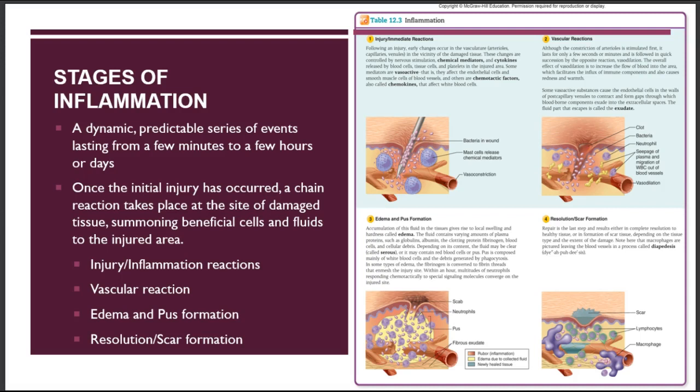They're going to return to the blood vessels and be transported to other parts of the body. Make sure that you review this table, that you're familiar with the steps and the general process of what is happening during each step of the inflammatory response.